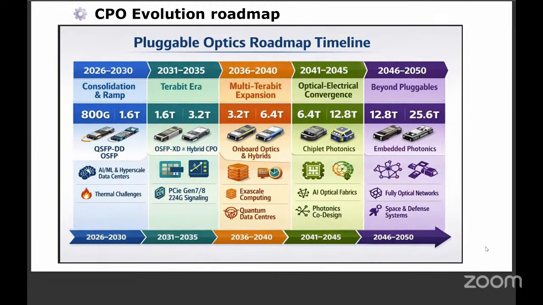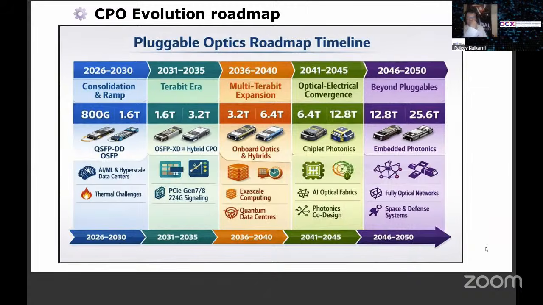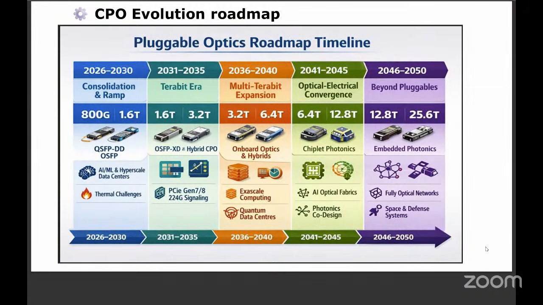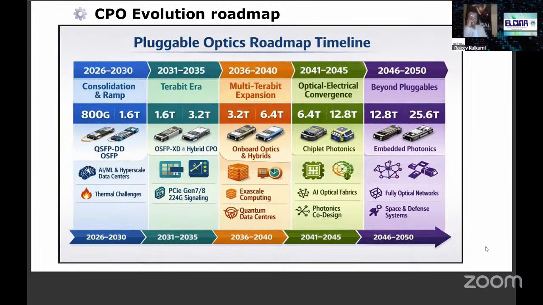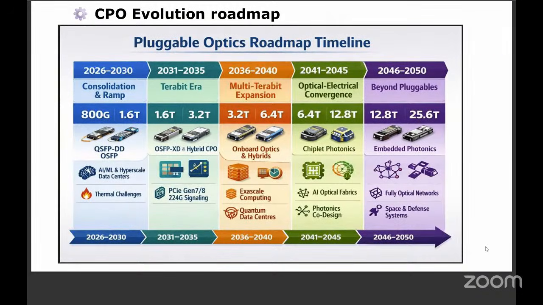Second row, QSFP-DD, QSFP, these are all MSAs, multi-source agreements. OSFP is Octal, QSFP is Quad. Then onboard optics, chiplet integration, embedded photonics. Use case: AI and ML hyperscale.